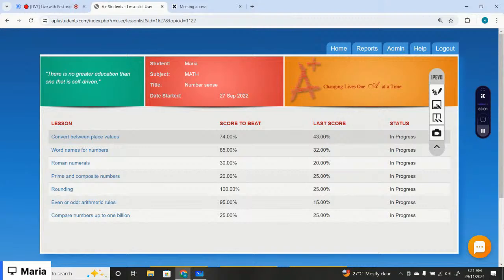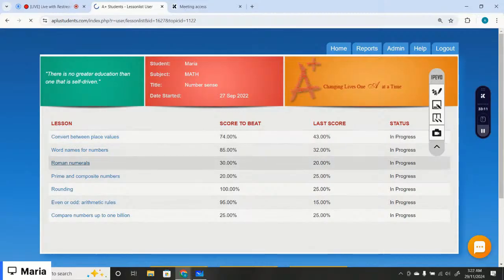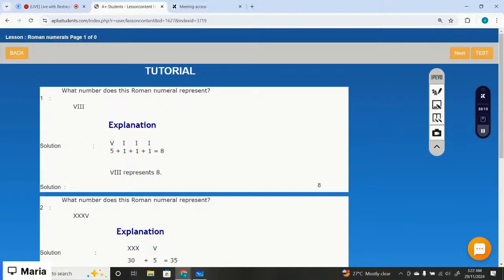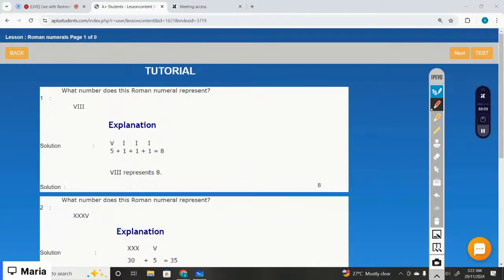The next lesson is Roman numerals. What number does this Roman numeral represent? So basically you need to learn some of the very basic Roman numerals, then that would be very easy for you. So V equals 5 and I equals 1.